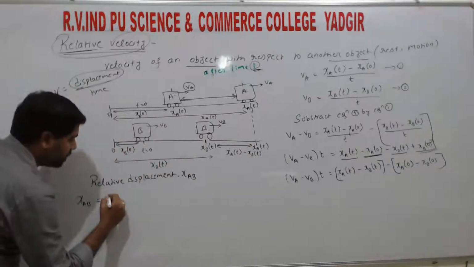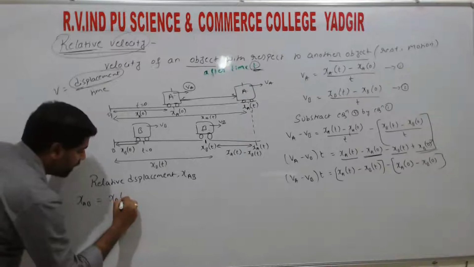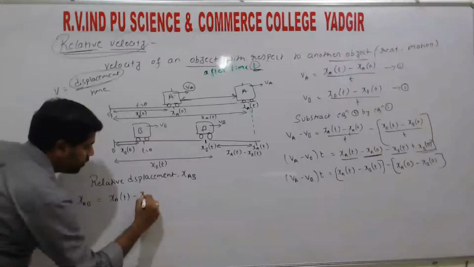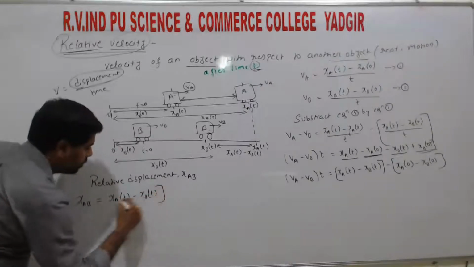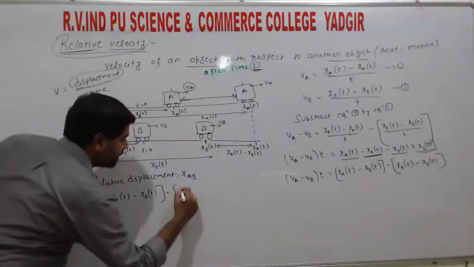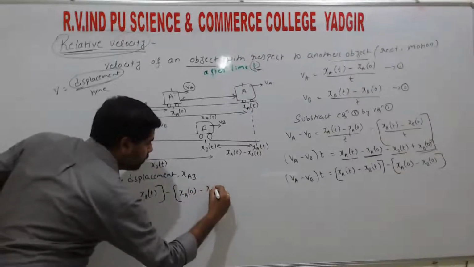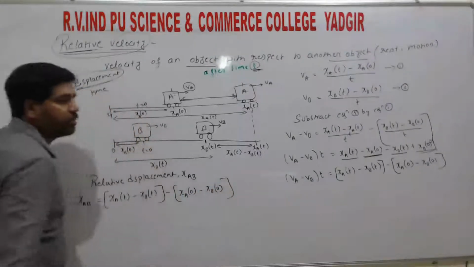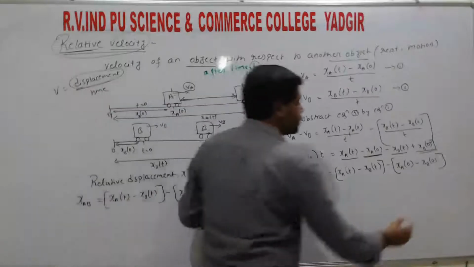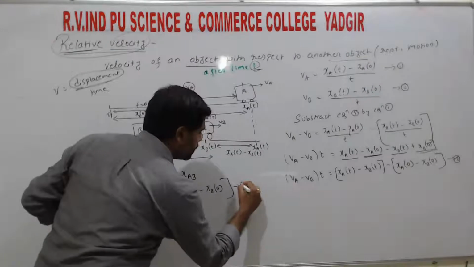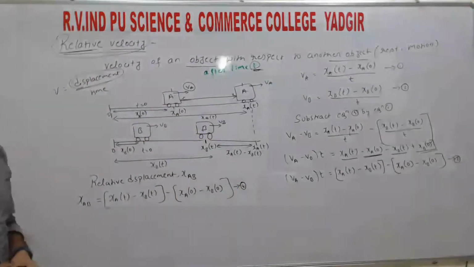So it becomes XA of t minus XB of t minus its initial displacement, XA of 0 minus XB of 0. Calling this one equation 3, and this one equation 4.